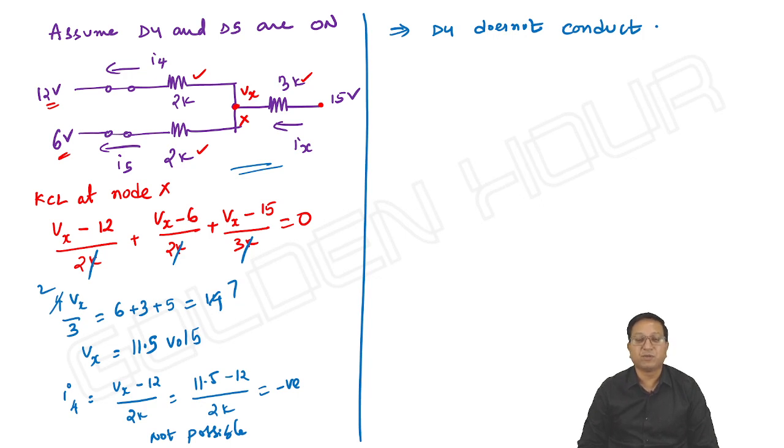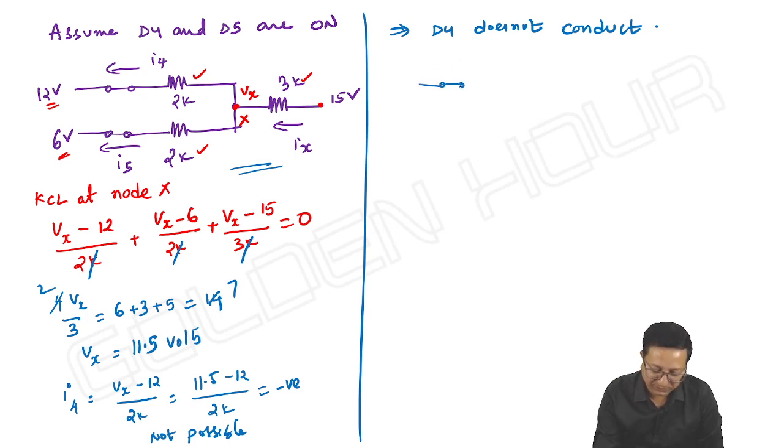I assumed D4 and D5 are on, but only D5 is conducting. D4 is not conducting. Okay. So, what is the final equivalent circuit? Instead of D5, it is a short circuit. It is 2K, 6 volts.